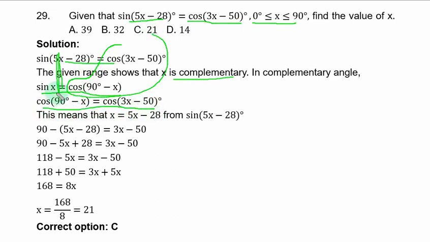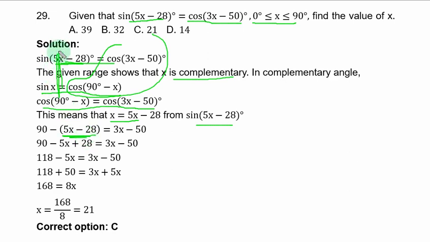The s is equal to 5s minus 28 from this place. So you replace s with 5s minus 28, and of course the cos will be equated, so you are left with the angles.